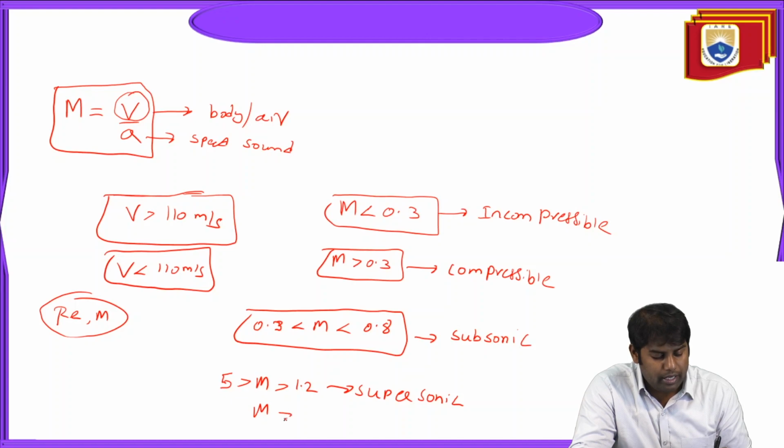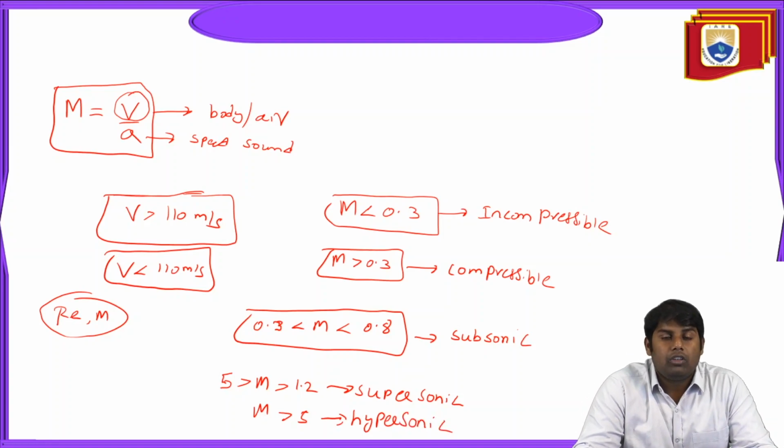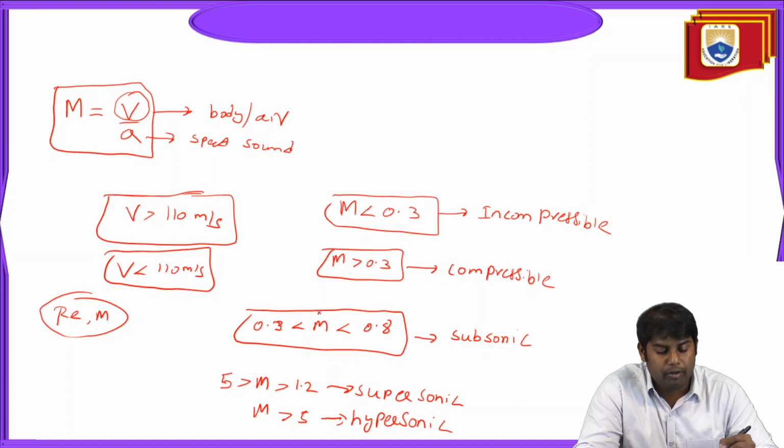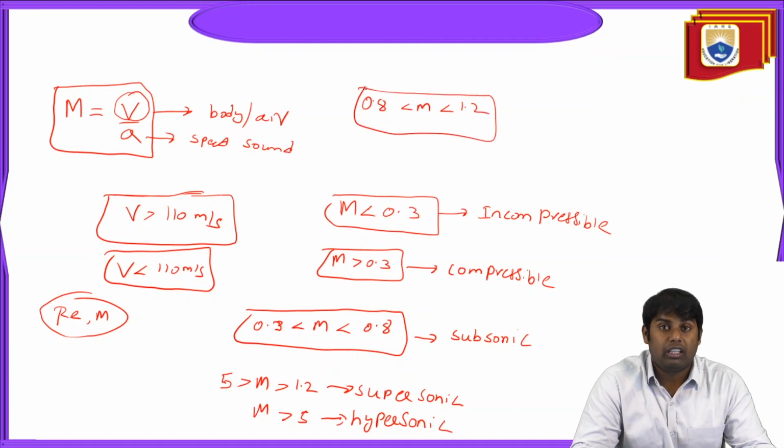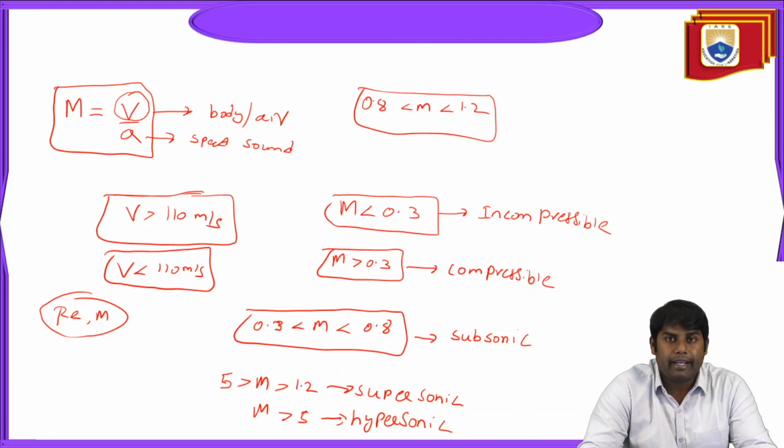If Mach number is greater than 5, we say it is hypersonic. If Mach number lies between 0.8 and 1.2, here we have the combination of subsonic and supersonic, so you have the transition between the subsonic and the supersonic.